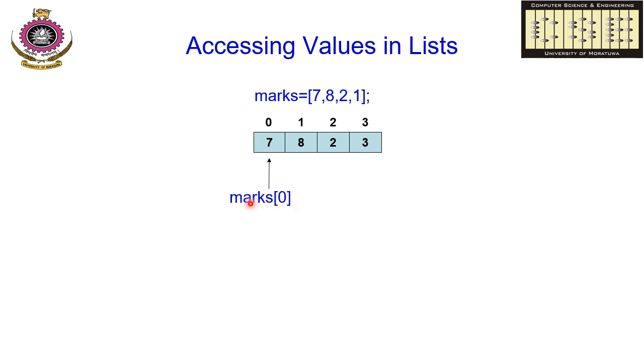So when you refer to this item, it is referring to the first item, or index 0 item, of the list. The next few items you can represent in a similar way; you just have to put the correct index. marks[1] would be pointing here, giving the value 8. marks[2] would be pointing here, giving the value 2. And marks[3] is referring to the index 3 item, whose value is 3. That is how we access values in a list.